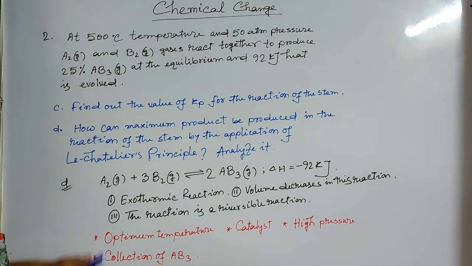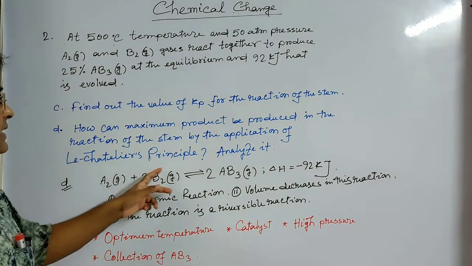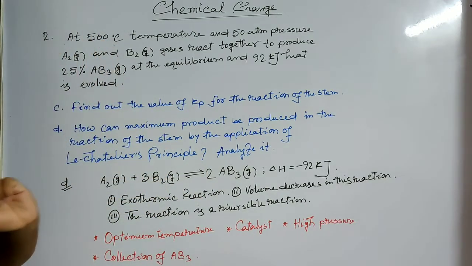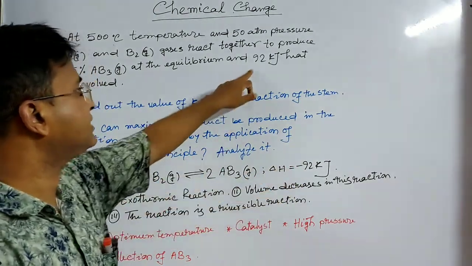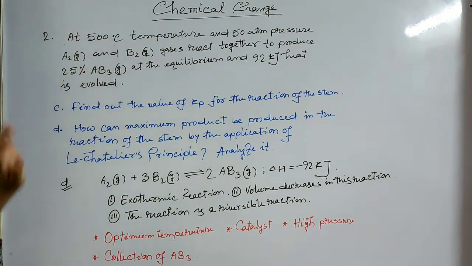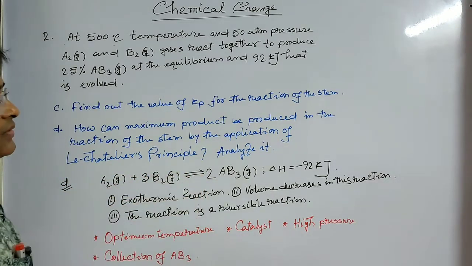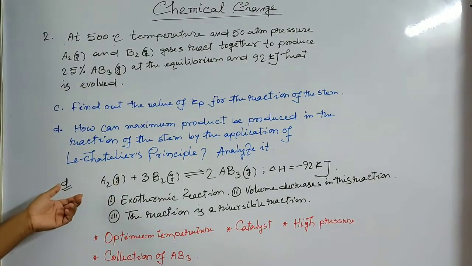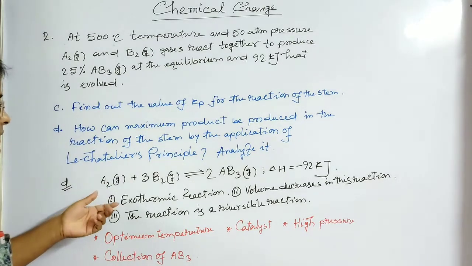My dear students, the reaction of the stem is A2 plus B2 gas, reversible sign, AB3. It is written according to the stem. And here delta H value is minus 92 kilojoule, as 92 kilojoule heat is evolved in this reaction according to the stem. And to produce maximum AB3 by the application of Le Chatelier principle, first if we observe the reaction, we get some points.